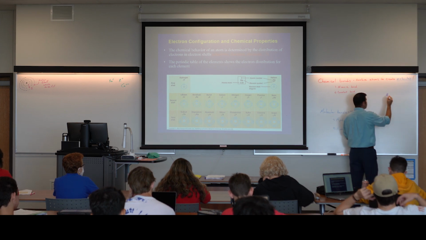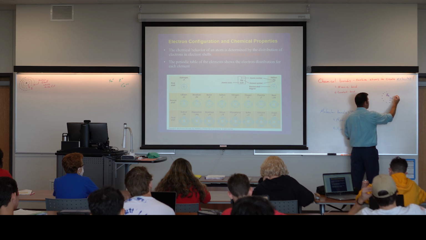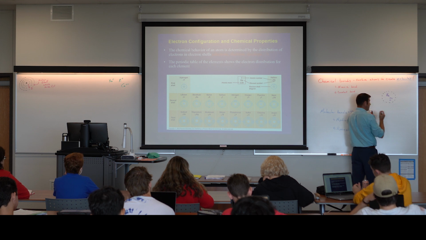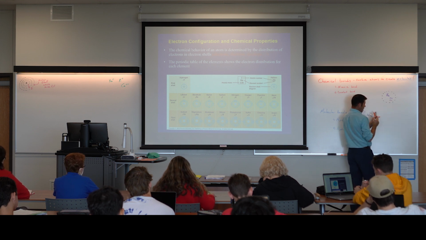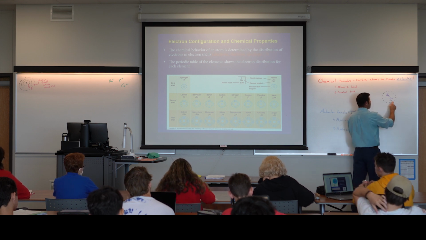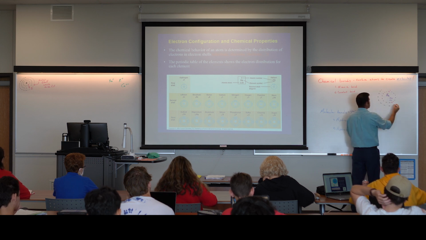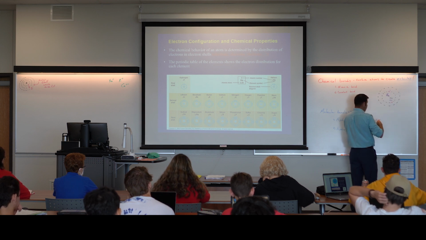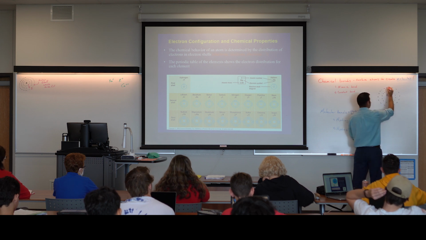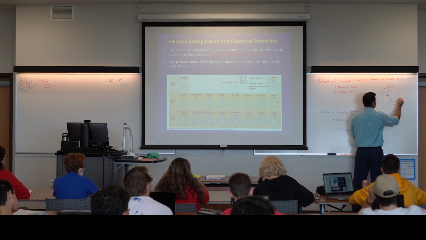If we wanted to do this diagram where we draw the first shell, we know the first shell is big enough that it can hold 2 electrons, so I'm going to put 2 electrons in there. I've got 8 more to pass out, so that takes us out to this second shell. And we know the second shell can hold up to 8, and that's exactly how many I have to pass out.